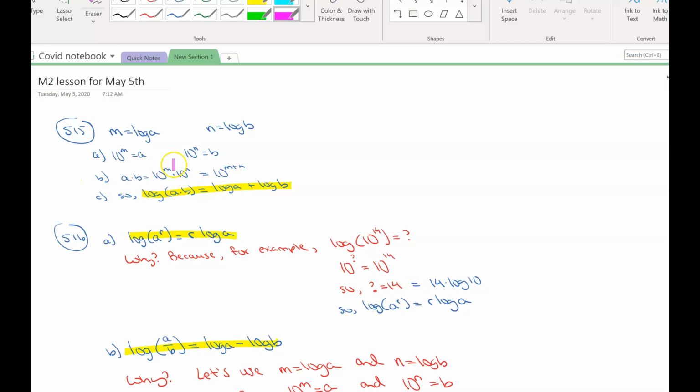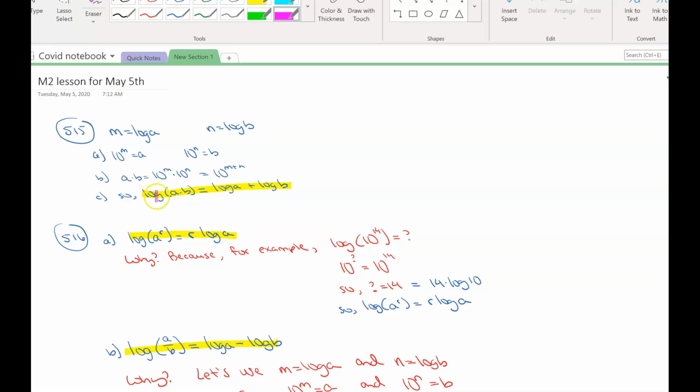Well, A times B is 10 to the M times 10 to the N, which then equals 10 to the M plus N. And here I highlighted this because this is another property of logarithms, all right? I want you to follow my pen.